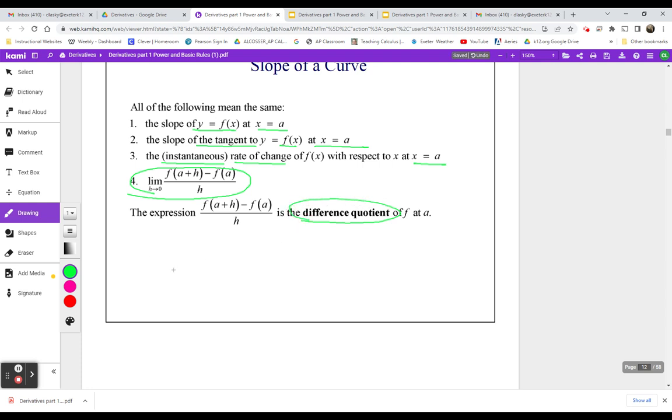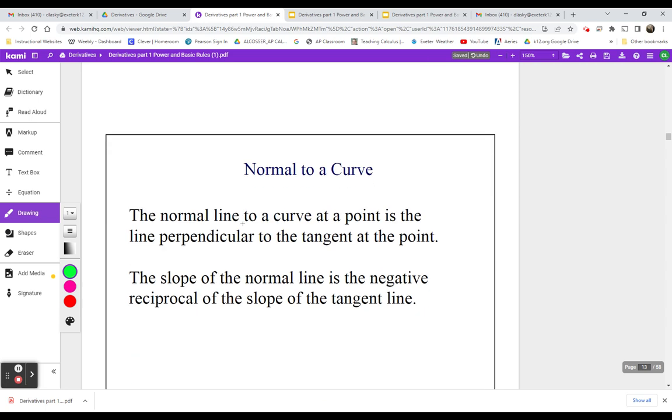All of this is based on the original idea of slope, which is rise over run, y2 minus y1 over x2 minus x1, the same as the change in y over the change in x, which is the same as all of that stuff up there. So it's all the slope of a curve.